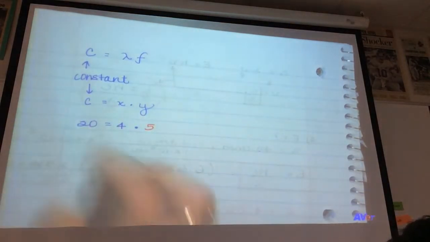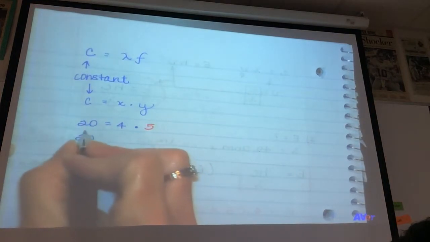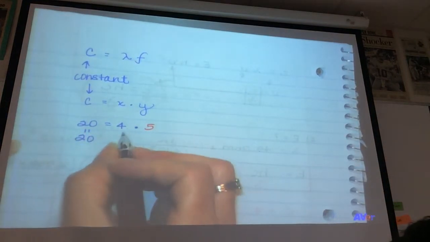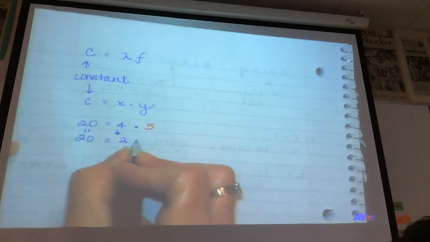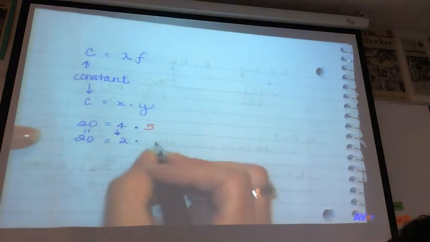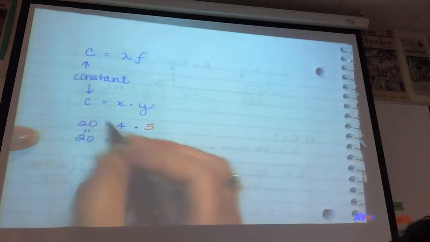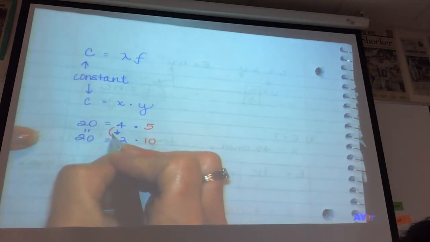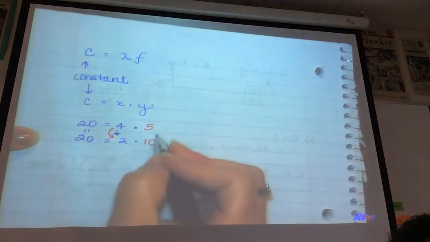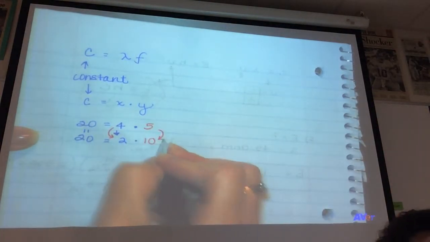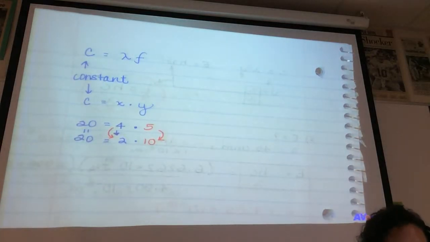My constant has to stay the same, and let's say that x decreased to 2. What would y be? 10 is correct. So x decreases by a factor of 2, so y must increase by a factor of 2.